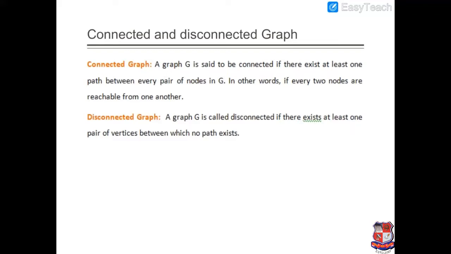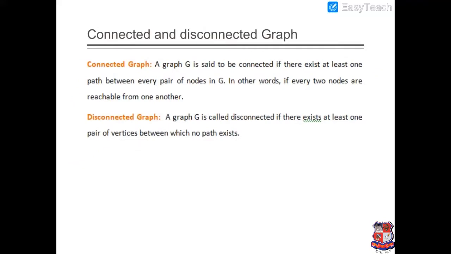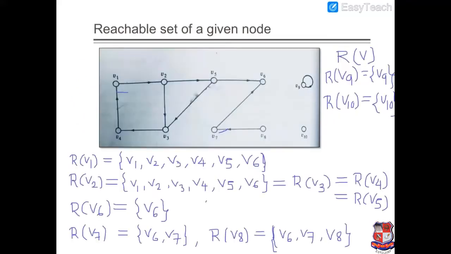A graph G is called disconnected if there exists at least one pair of vertices between which no path exists. As per the previous graph, vertex V9 is not connected with other vertices in the graph. Therefore, this graph can be considered a disconnected graph.